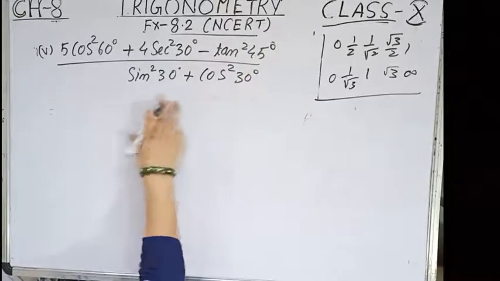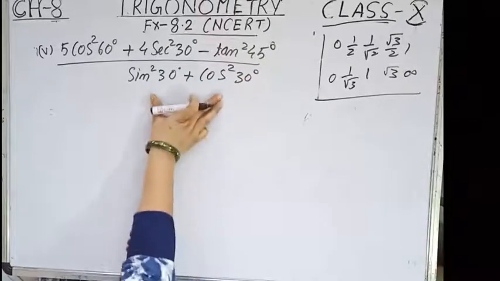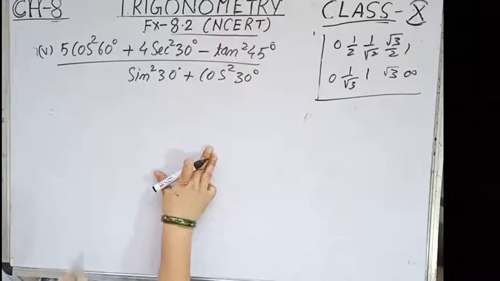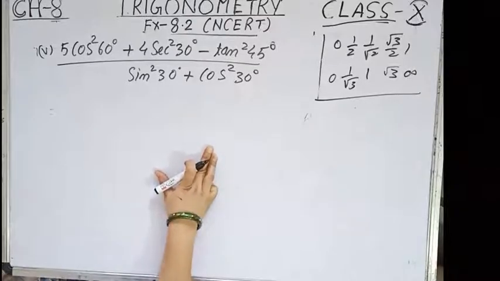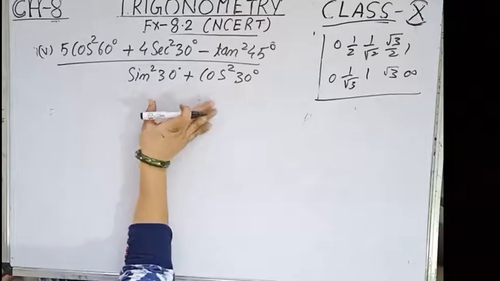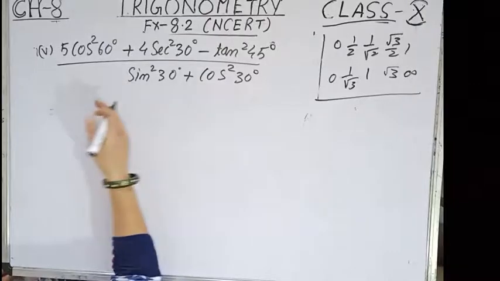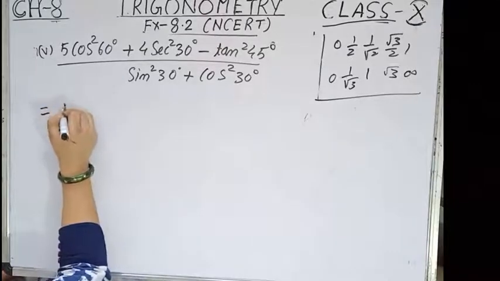Here also children, the square relation we can use and directly write over here 1, but since I am doing the t ratios for particular angles, the topic I will be writing the values and then we will be solving. So let us put the values.